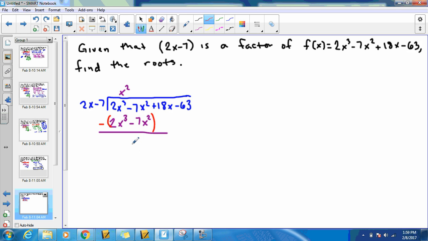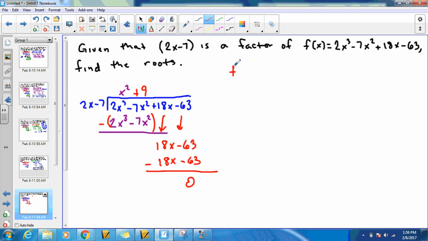This all makes 0, so I'll just bring down 18x minus 63. And it would be 9 times 2 to get 18. So 9 times 2x to get 18x. 9 times -7 to get -63. And when I subtract that, I'll get 0.